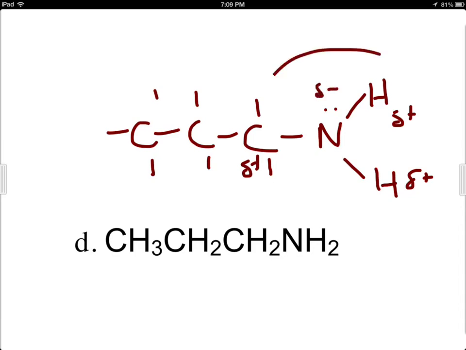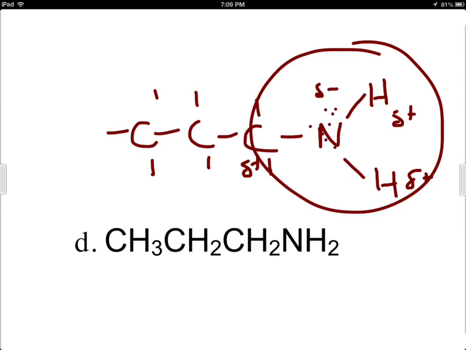And this shape right here is like a little pyramid, and the electrons are more densely found near that nitrogen, so you can kind of imagine near the top of the pyramid is where we see the electrons. So this is going to be a polar bond within here and a polar molecule because of the shape. So that's definitely polar. You might want to draw a dipole right across it towards the nitrogen.